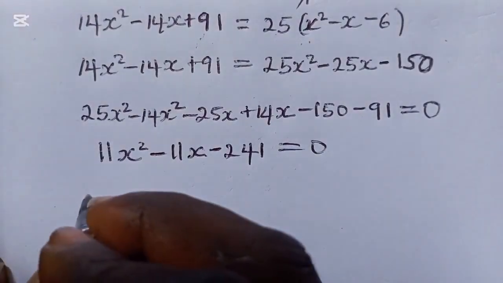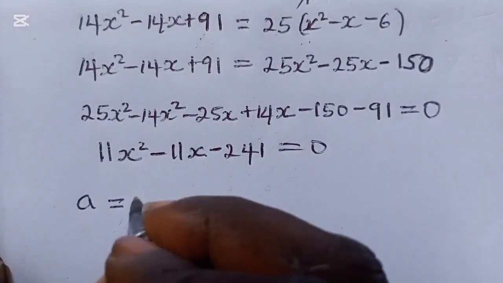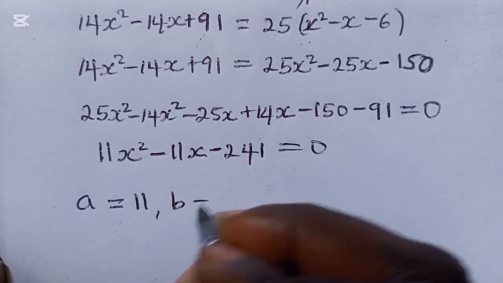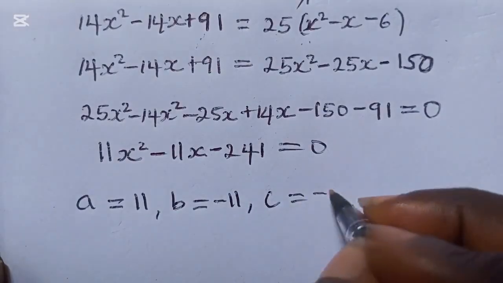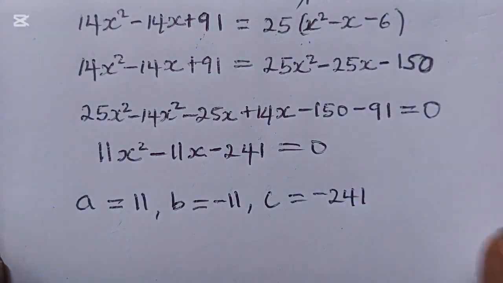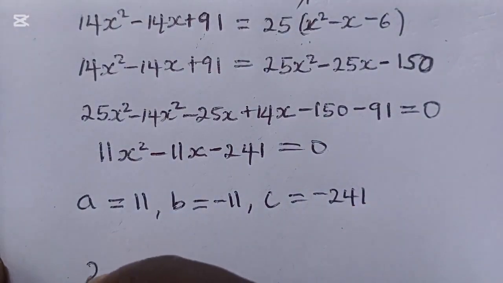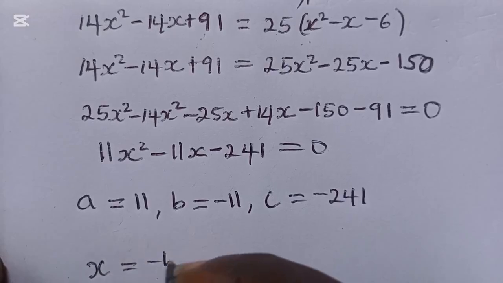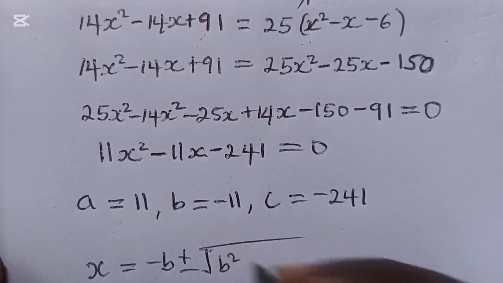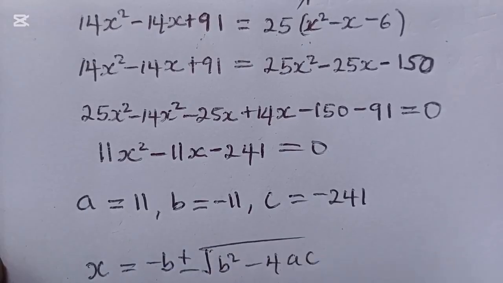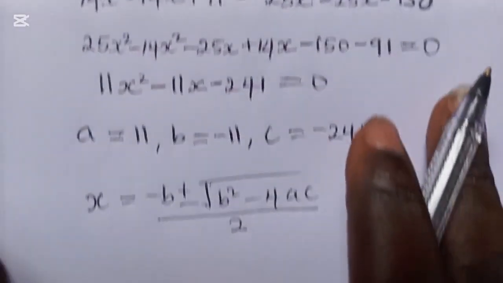Now, let's solve this using the formula method. We have a equals 11, b equals minus 11, c equals minus 241. So we now have our x to be equal to minus b plus or minus square root of b square minus 4ac, all divided by 2a.